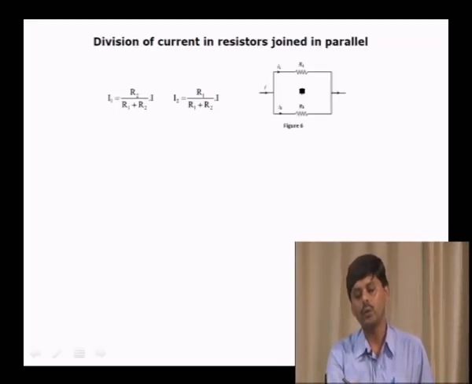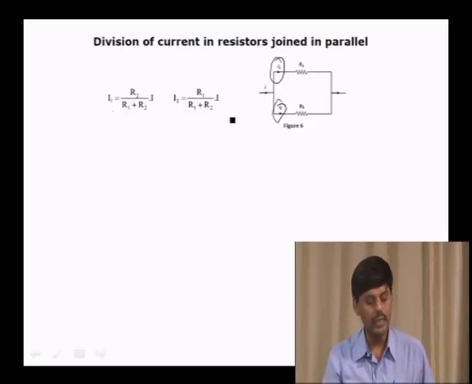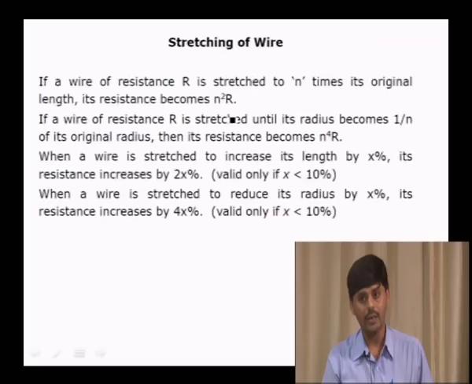If you have only 2 resistors, how are you going to calculate the I1 and I2 values? By using the formula I1 is equal to R2 divided by R1 plus R2, into I. Similarly, I2 is equal to R1 into I divided by R1 plus R2. This is called the branch current formula. It makes it easy to find the current in the circuits.